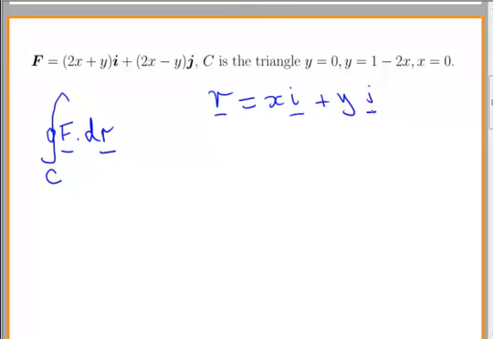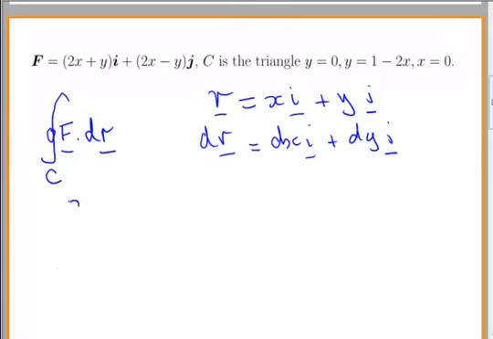So dr we can think of as being dx i plus dy j. And by F dot dr we're looking at a scalar product.